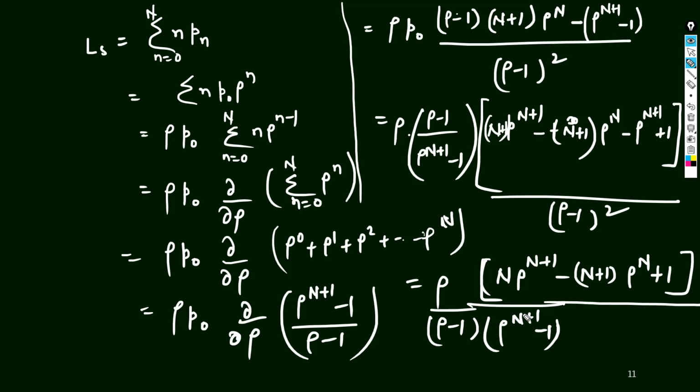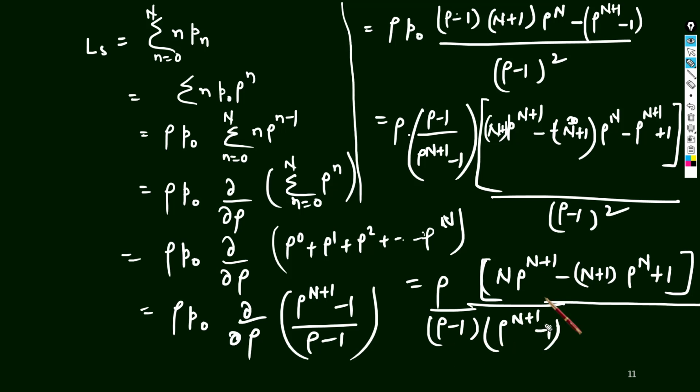Okay, so this is the final expression for the LS. Earlier we have seen in the infinite queue length model, LS is equal to rho divided by 1 minus rho. Rather, here we are having this one. Now, if rho is less than 1, what will happen?